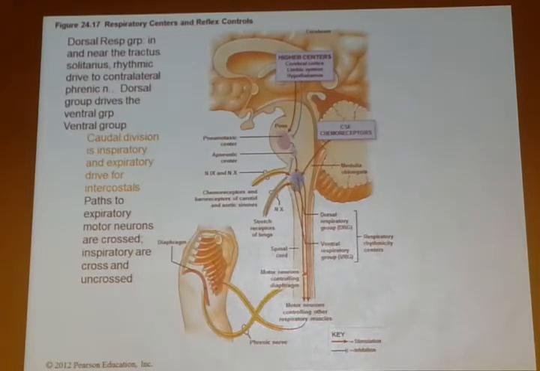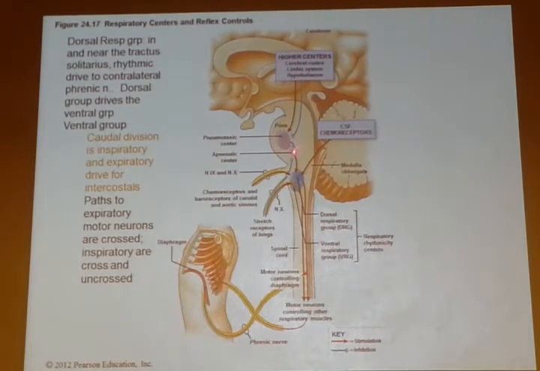It's located in the pons. They can inhibit it, and then your respiratory pace decreases. They can excite it, and your respiratory rate will go up. So a pointed arrow means excitation. The capacitor plate, double parallel lines, means inhibition. So these higher centers can excite or inhibit your pneumotaxic center.